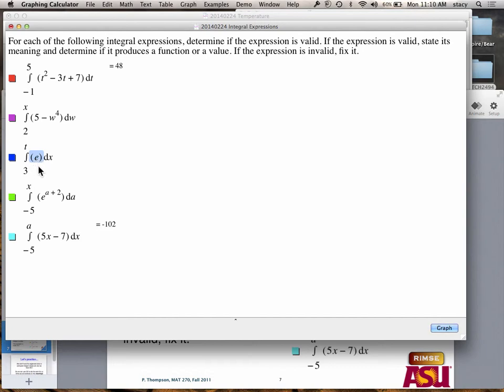A function can be constant. So if I wanted to, my rate of change function here would be r of x equals e. That's my rate of change function for this integral. So it's a constant rate of change. The corresponding accumulation is going to be a linear function.